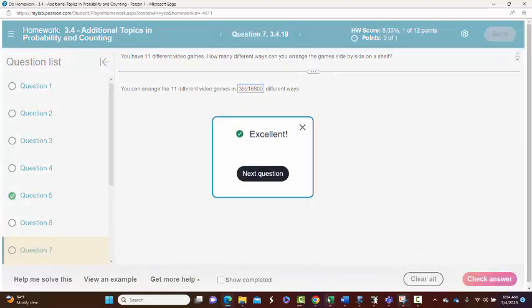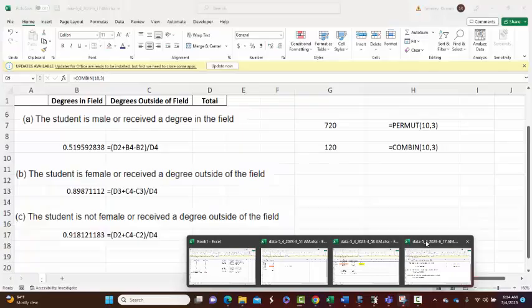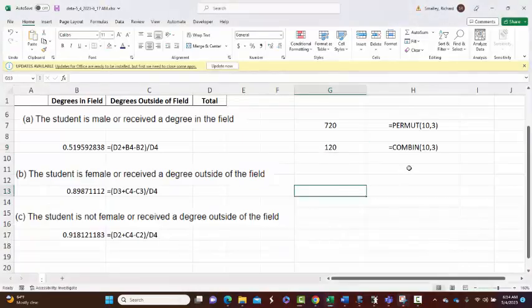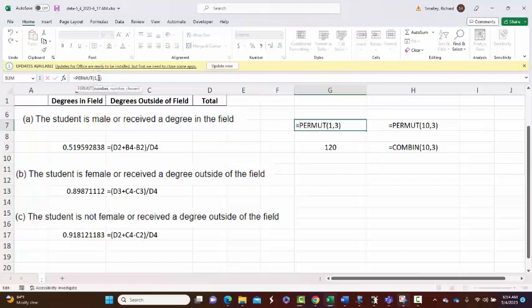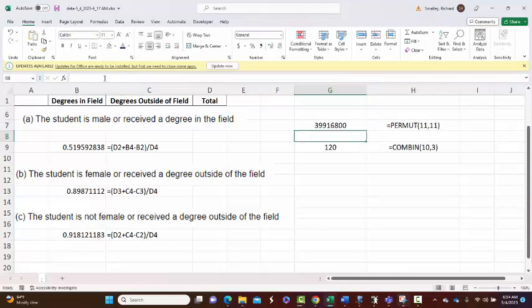Oh, I guess it would be polite of me to put it in Excel here somewhere. Yeah, let's do it right here. So permute 11. There we go. So that'll certainly work. Wonderful.